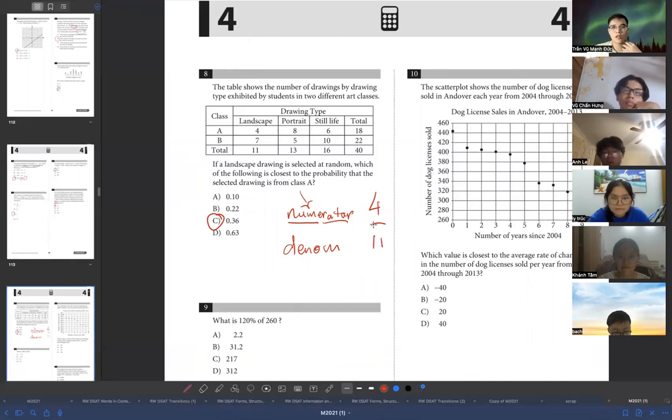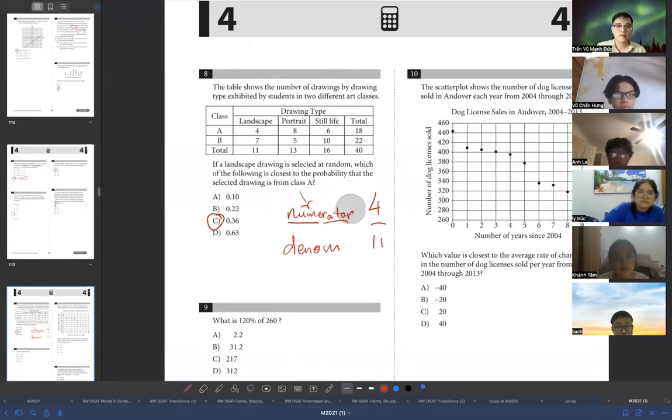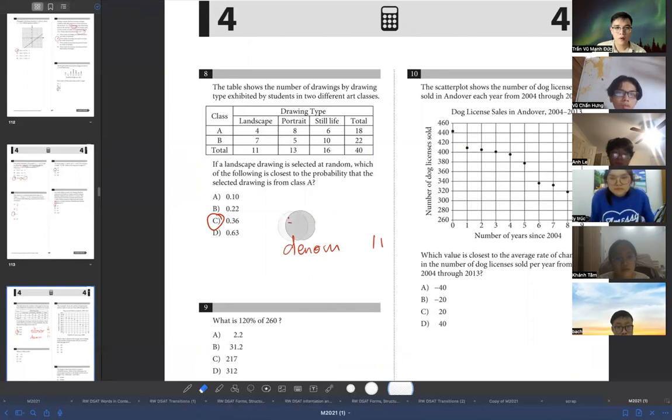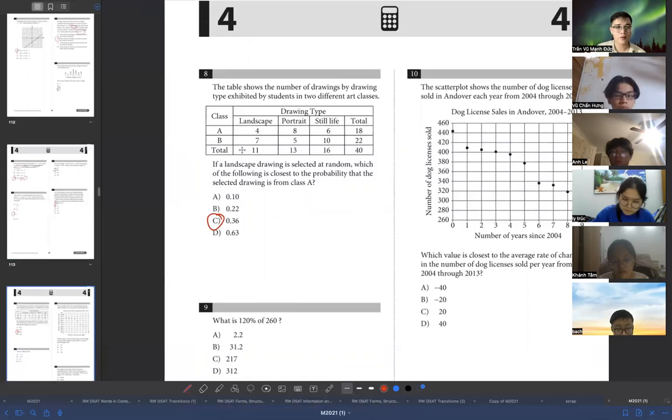Okay, so I'm just going to repeat this knowledge that we have learned so many times before about probability. What should we put on the numerator? Firstly, we have to read the prompt. They're asking for the probability of selecting from class A. So we put the number which meets the requirement they're asking for, class A. In this case, it's 4, 8, and 6.